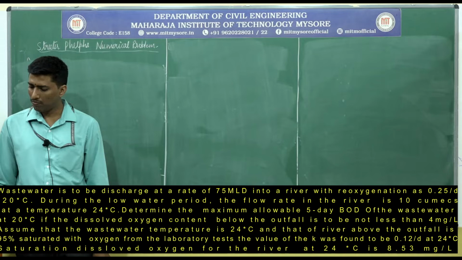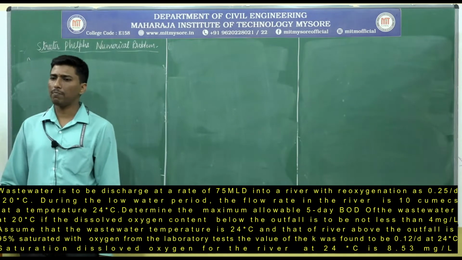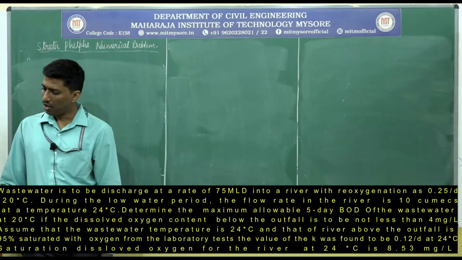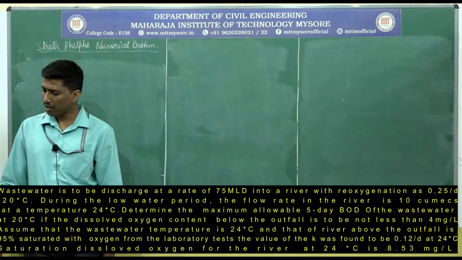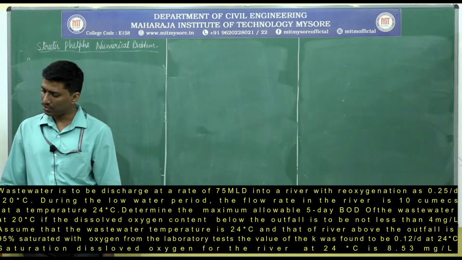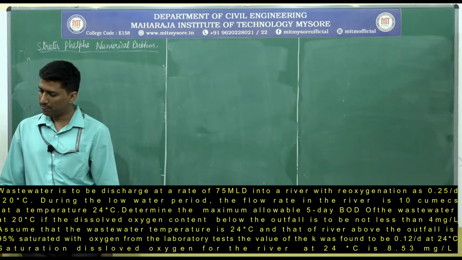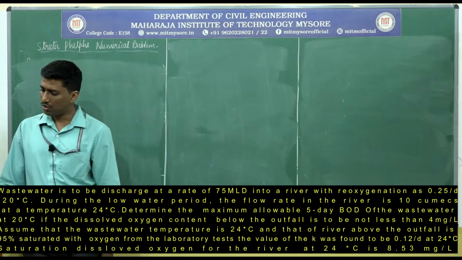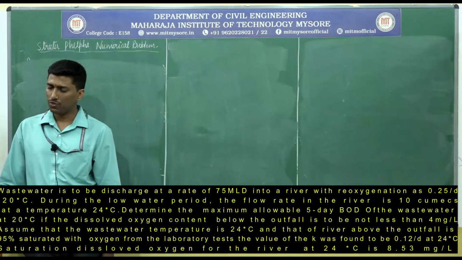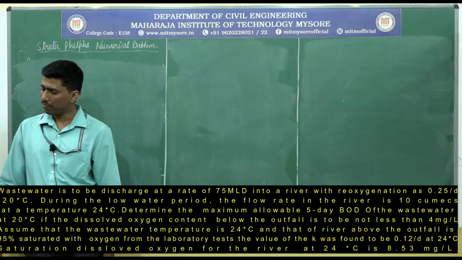Determine the maximum allowable 5-day BOD of the wastewater at 20 degrees Celsius, if the dissolved oxygen content below the outfall is to be not less than 4 mg per liter.